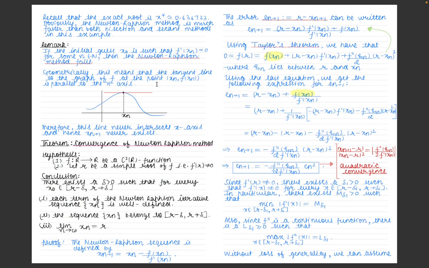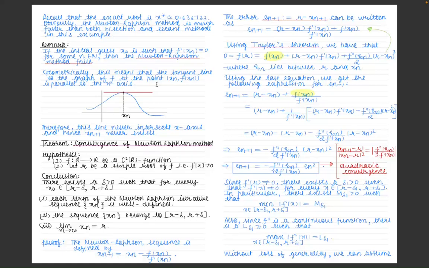Now since f prime r is not 0, and f is a continuous function, f is a C2 function, so f prime is a continuous function.